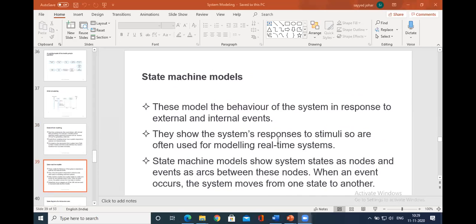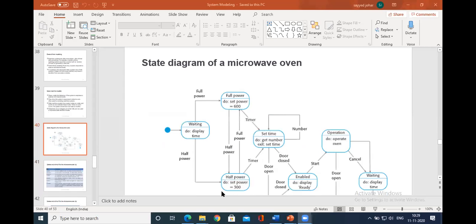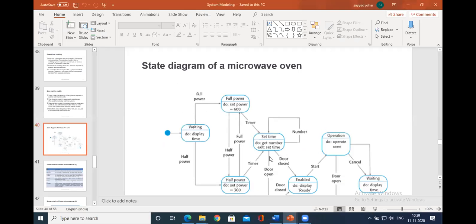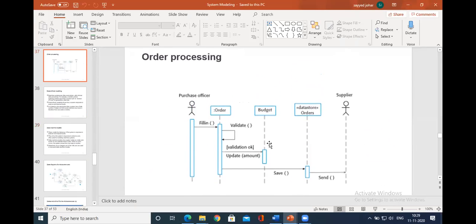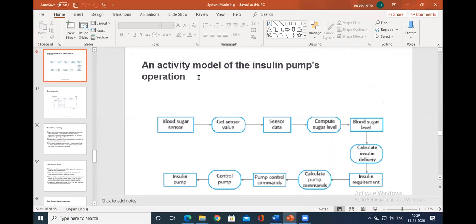And also we have the concept of the state diagram in the case of the behavioral model. So the behavioral model is represented by using events and states. The name itself states the event model and the state model. How do you represent the event? Events are represented by the sequence diagram or by the activity models.